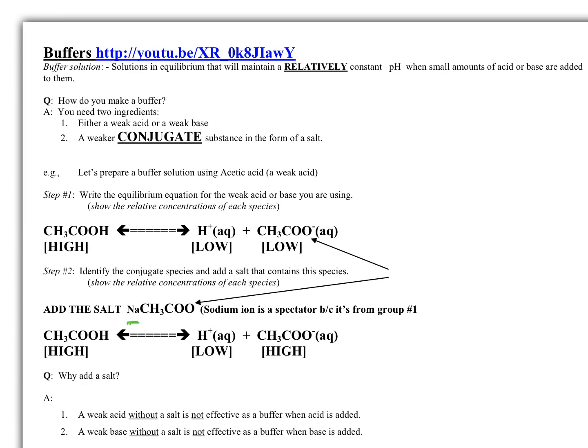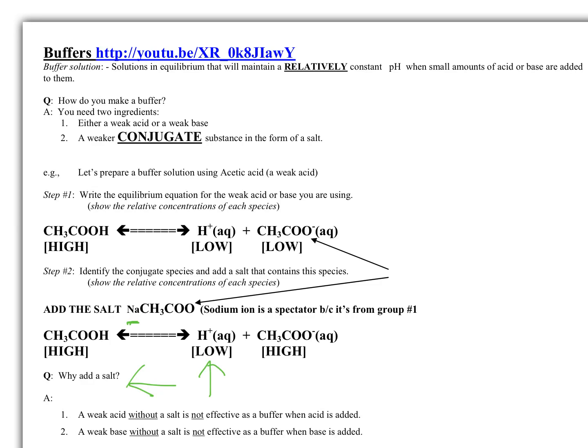What is the use? Well, I have a couple reasons here. First, a weak acid that does not have the salt is not an effective buffer if the acid is added. Because if I add an acid, that's going to increase this concentration, add away. It's going to cause a massive shift in concentrations, and therefore a massive shift in pH. If I start with a weak base, without its salt, the same thing will happen.